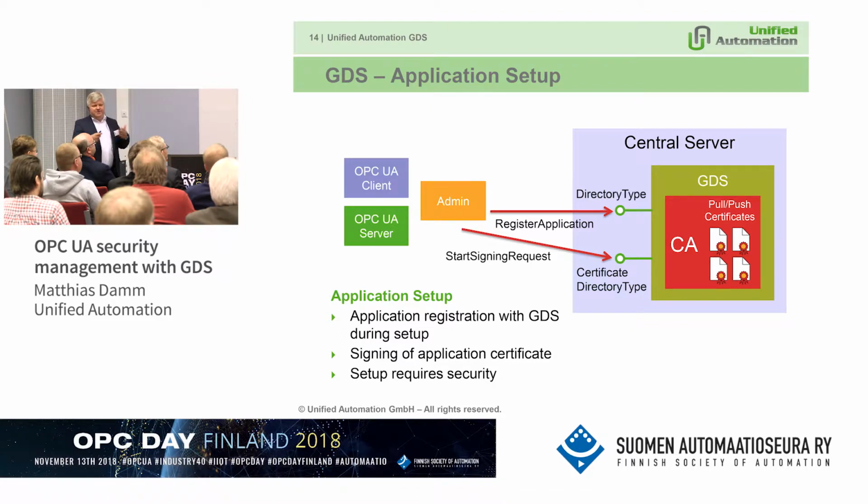The general concept is that an application, when it's installed, either client or server, is registered with the directory type as a registered application, and then a signing request is sent, and the certificate of the application is updated with a signed certificate. This installation needs administrative rights. So you need to have administrative rights on this central server to do this certificate rollout.